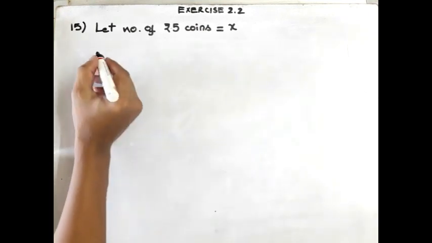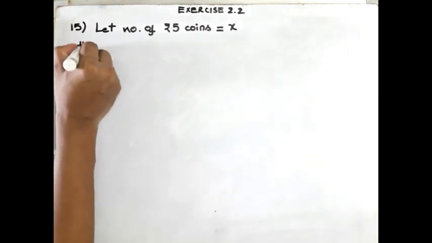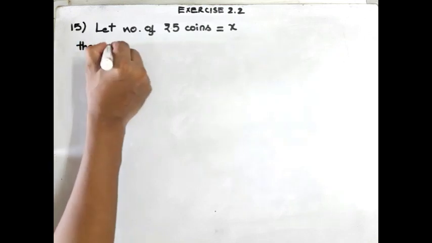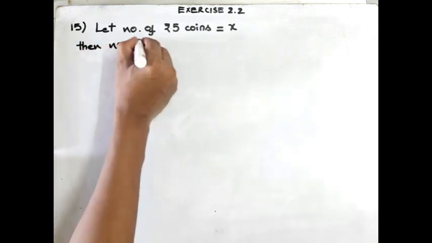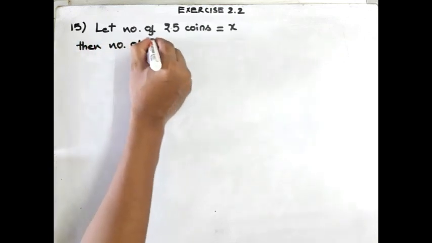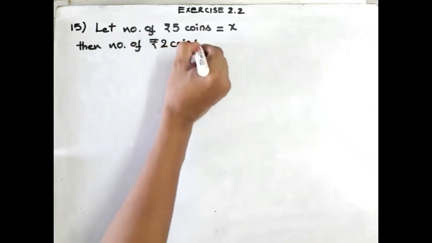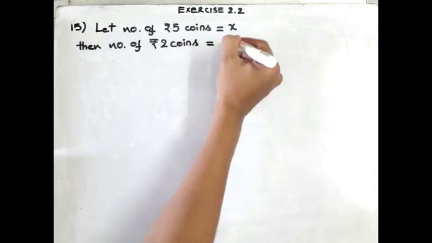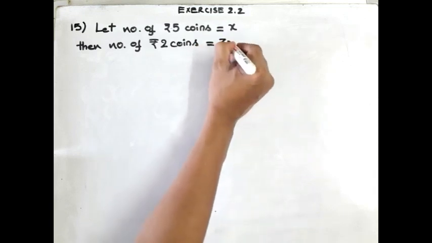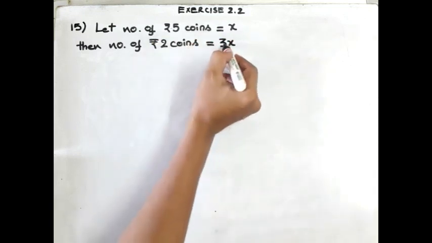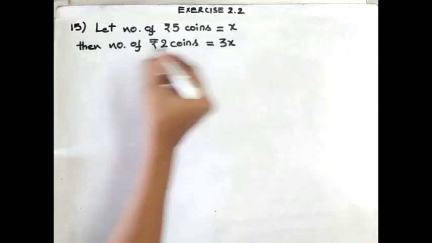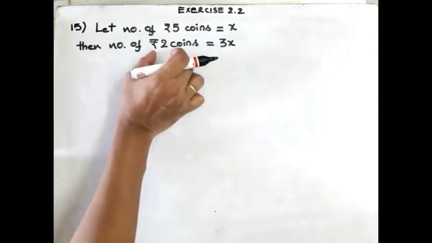Okay, now, based on this, the number of rupees 2 coins is, as they told, 3 times rupees 5. 3 into x gives us 3x. But there is no information about 1 rupee coins. Then how can we do it?